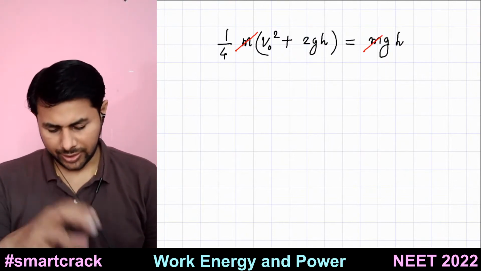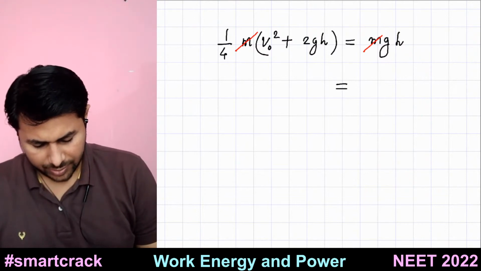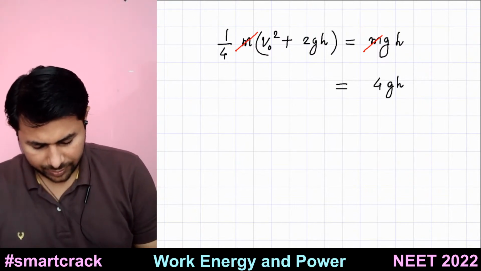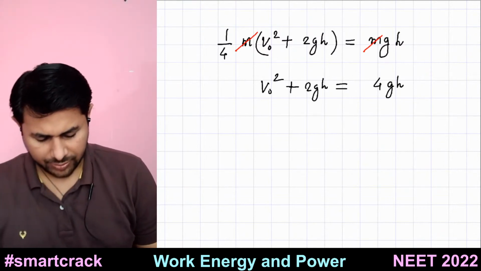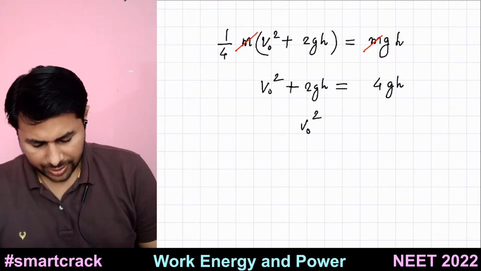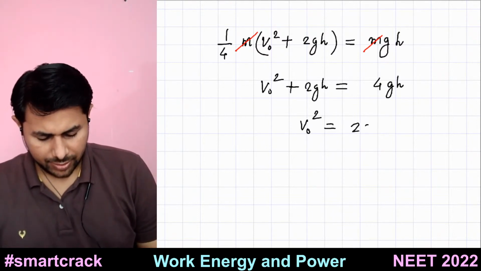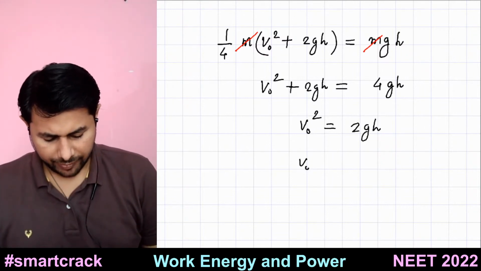We can take 4 on the other side, so it goes into multiplication. It is 4gh. So v naught square plus 2gh is equal to 4gh. Take 2gh on the other side. So v naught square equals 4gh minus 2gh, which is 2gh. So v naught equals square root of 2gh.